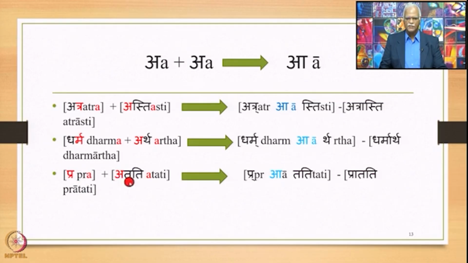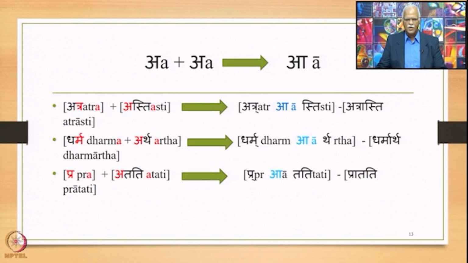Since this is a dhatu and this is an upasarga, this is a combination of upasarga plus dhatu, and therefore samhita is obligatory, and so in this case, in place of both of them, 6.1.101 will apply and replace them both by their long substitute, namely a. So we have pra, a and tati, and therefore pratati.